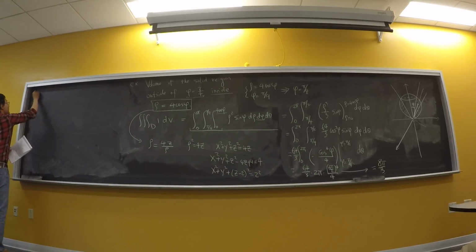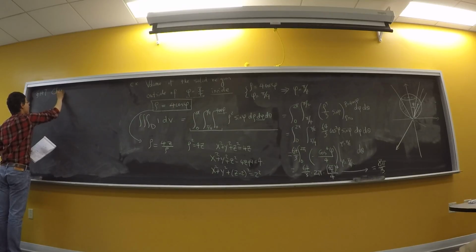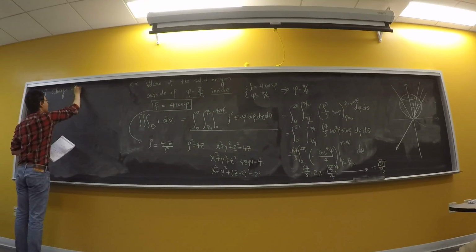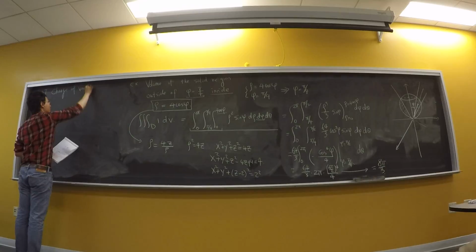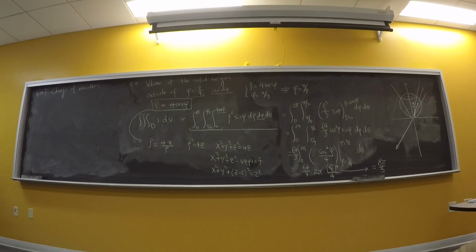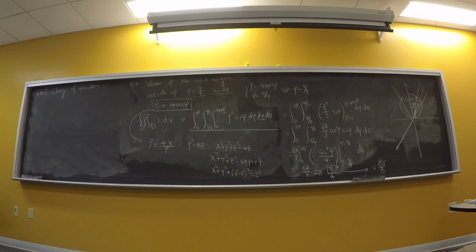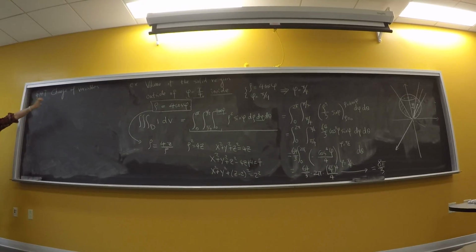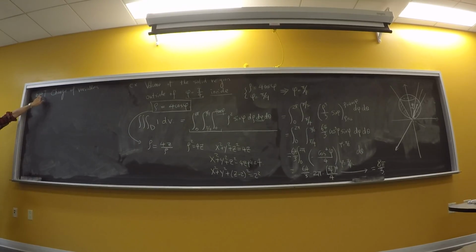So next, I want to discuss change of variables. Okay. Change of variables is much easier than the spherical coordinate system. Okay. So our second midterm is going to cover everything in chapter 14, except section 14.6.